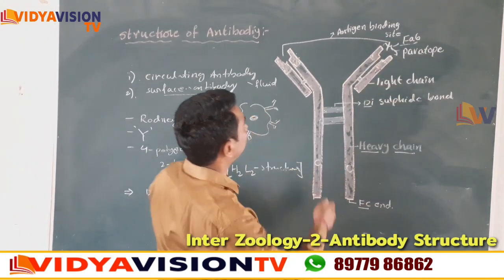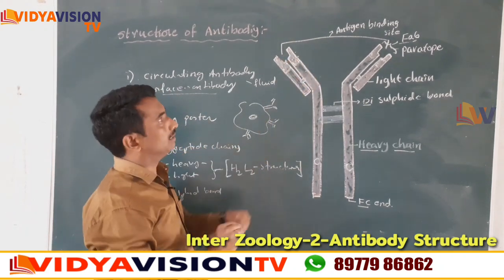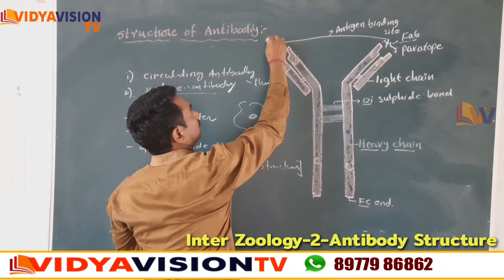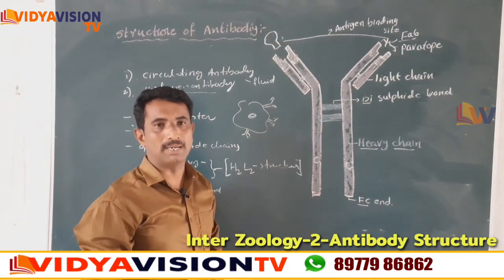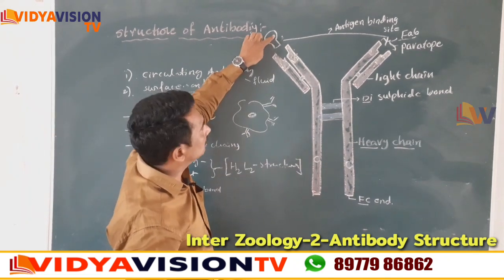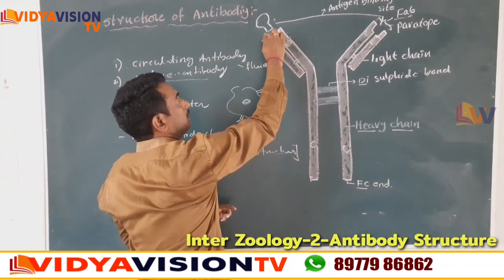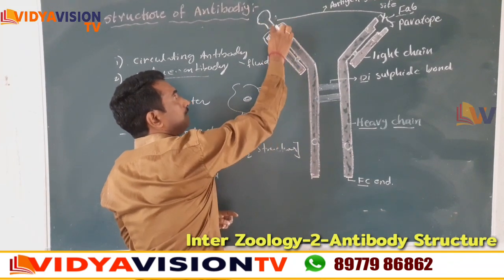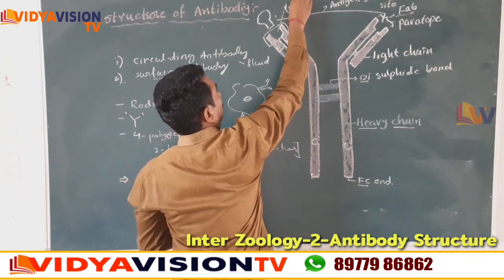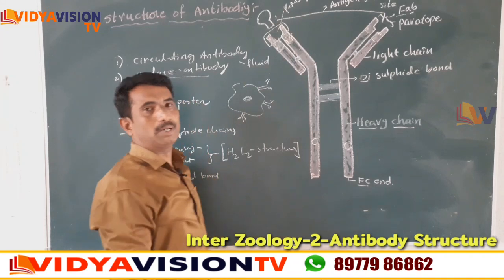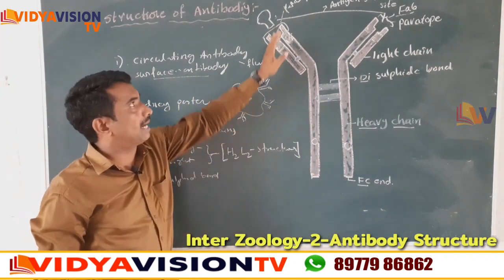See here the antigen binding site of the antibody, children. For example, listen, this is one antigen, right? It is one parasite or a bacteria. That antigen binds to the antibody here, children. The antigen binding site of the antibody is called the paratope.